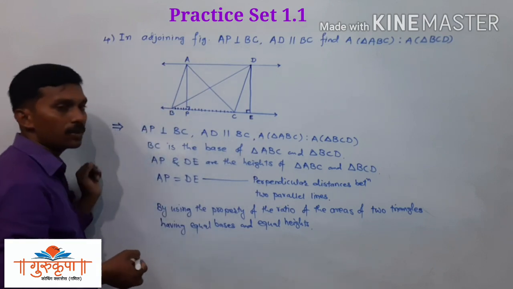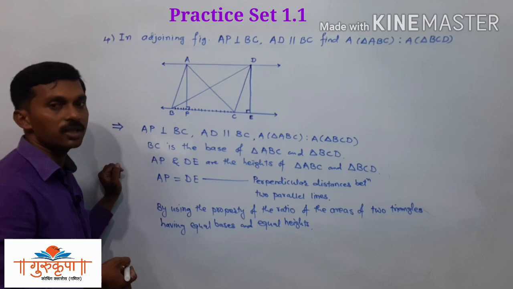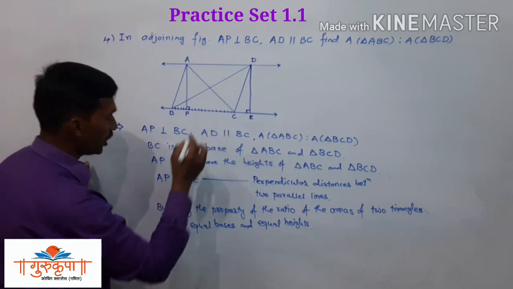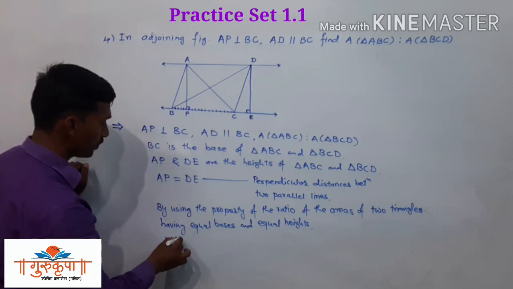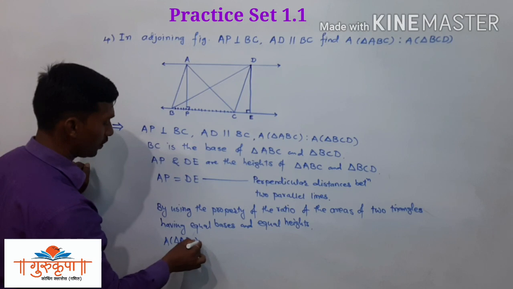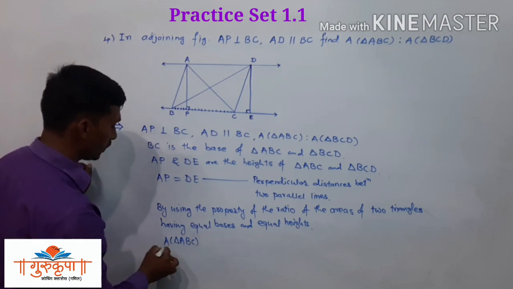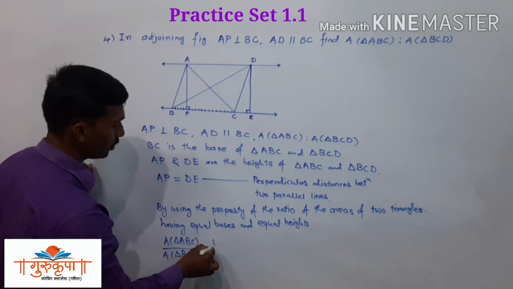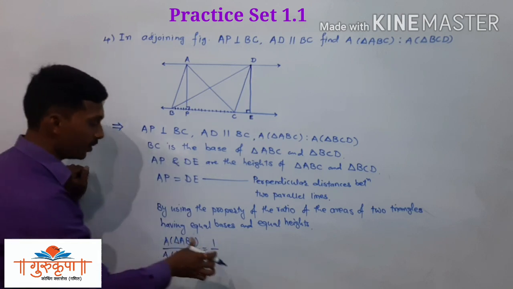We proved that both the triangles are having equal bases and equal heights, so the ratio of their areas is 1:1. So you can write area of triangle ABC upon area of triangle BCD is equal to 1:1, that is 1 upon 1.